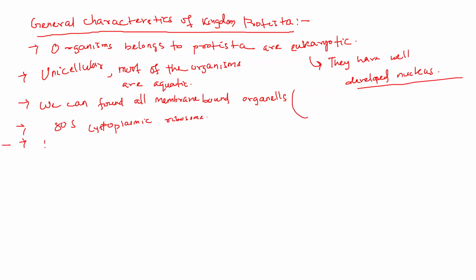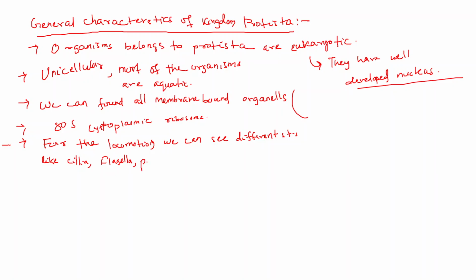Then locomotion. For locomotion, we can see different structures like cilia, flagella, pseudopodia.